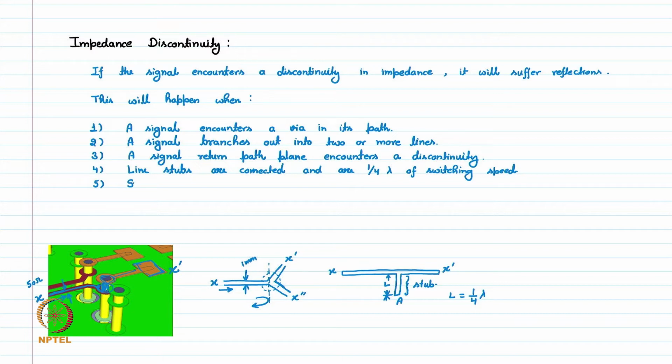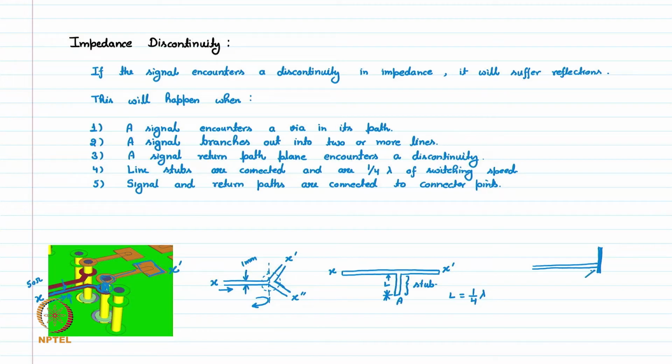Signal and return paths are connected to connector pins. So when these traces start or terminate at some pins, these pins are generally pieces of metal at the terminating end or at the starting end.